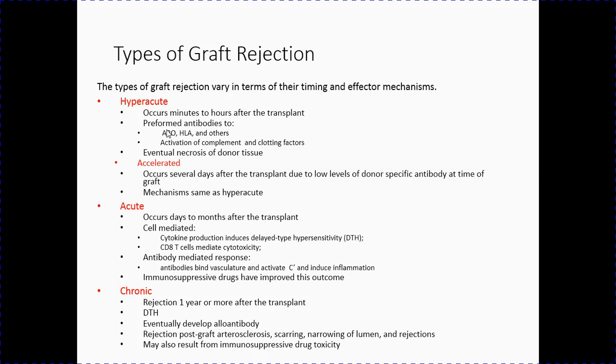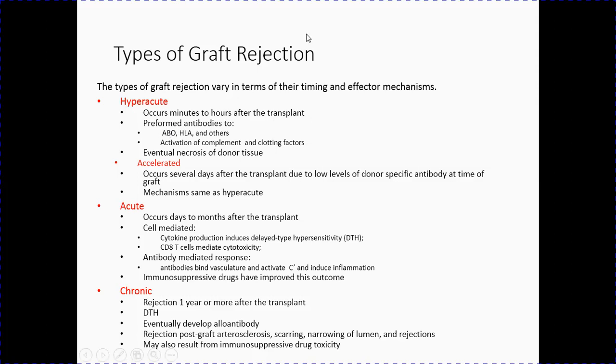How does this work? It's a good old antigen-antibody reaction. We're going to activate complement when they bind. Also going to activate some clotting factor cascades, and thrombi form in the tissues, and ultimately result in necrosis of the donor tissue.